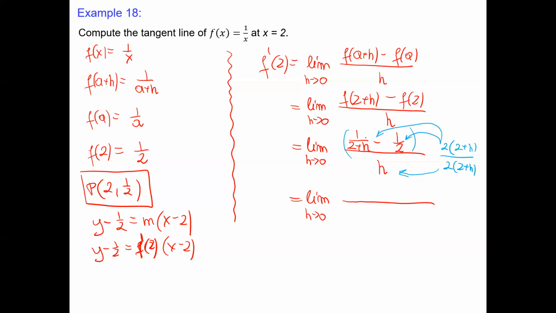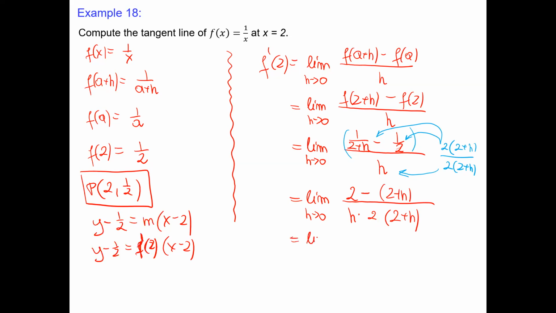When I multiply the first quantity, 1 over 2 plus h, times the blue expression, the 2 plus h is cancelled out. Only 2 will stay. When I multiply 2 times (2 plus h) times a half, the 2 will be cancelled out. Only 2 plus h stays. In the denominator, I will keep everything. I don't really need parentheses for 2. It's not negative.